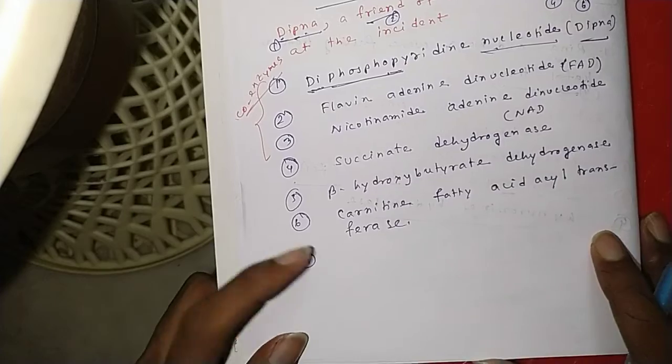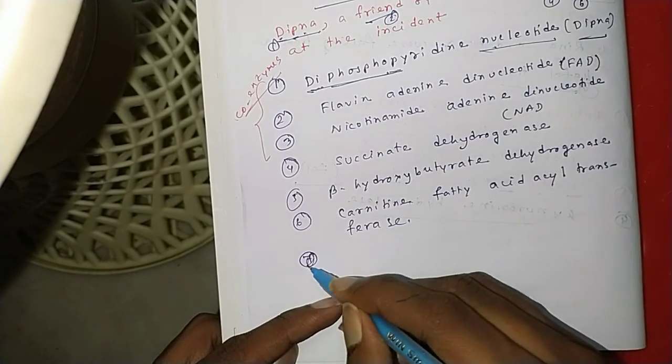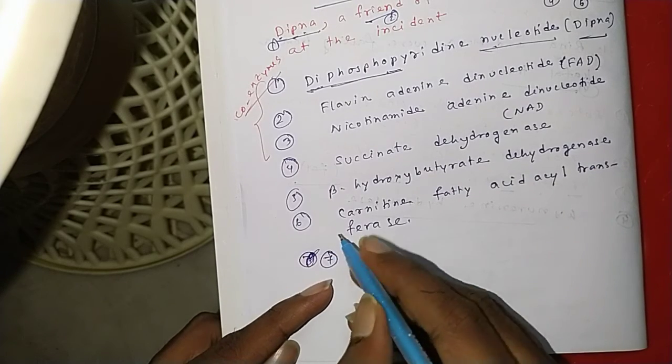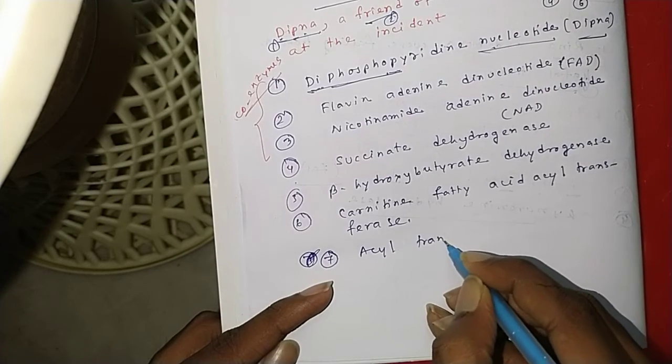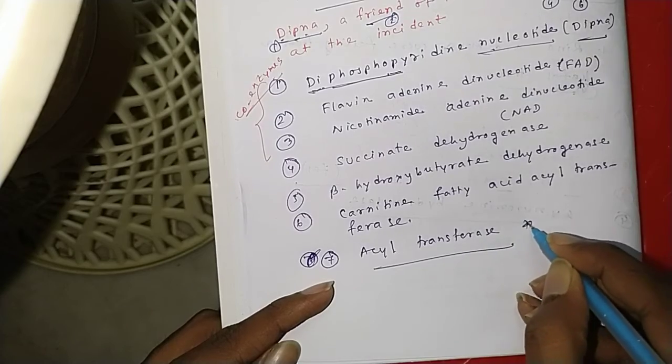Okay, then there is no 7th enzyme here. Or one enzyme was there and we can call it acyl transferase, but it is not in the trick. Okay, so it is acyl transferase.